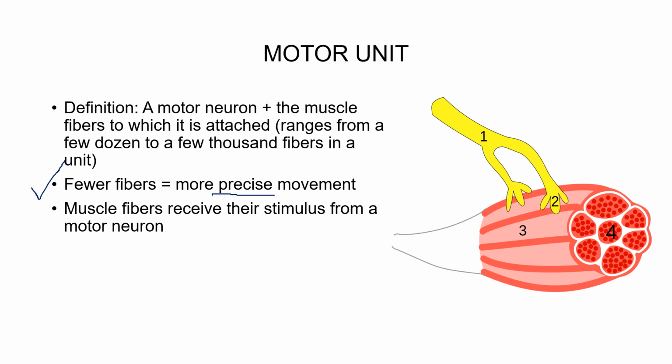And then if you have several thousand cells being affected by a motor neuron, that would simply be a large motor unit. And that's going to be your really, really bulky muscles, such as your quadriceps muscles. Now you think about all the cool things your quadriceps can do, but it's really not that much. Your quadriceps really just extend your knee, and that's it.